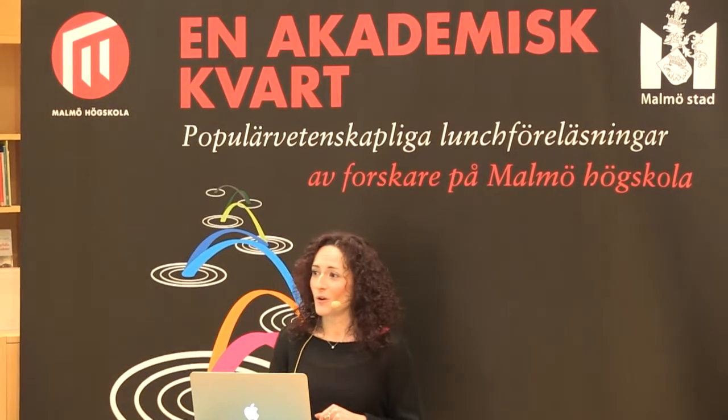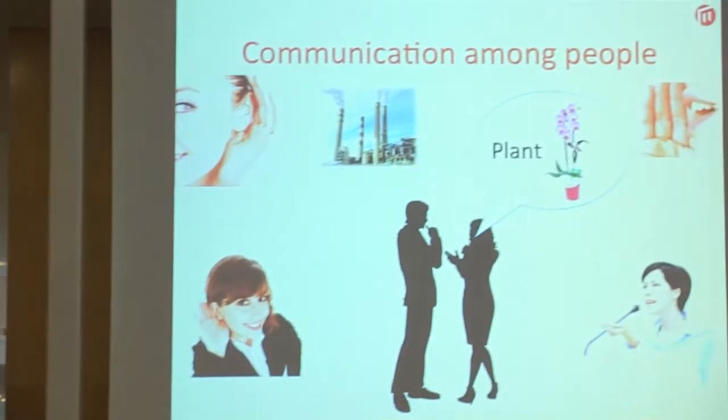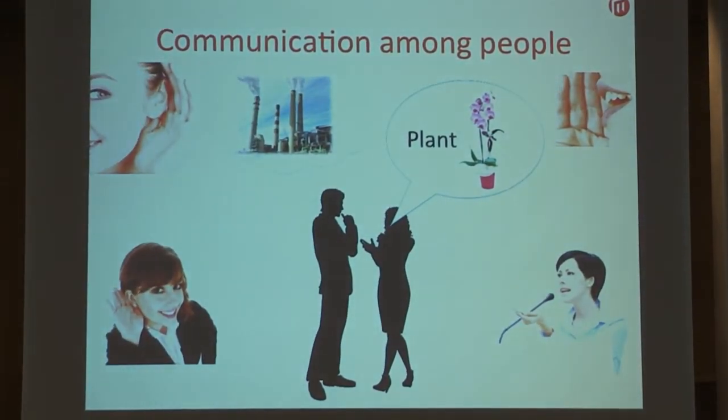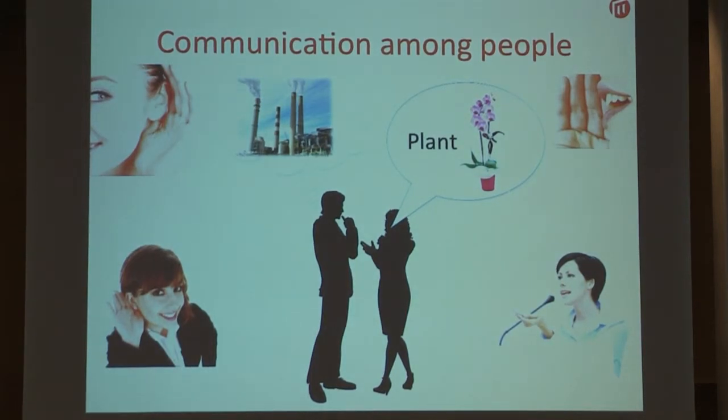And even more tricky, I would say, we also need to share the interpretation of the things that we are saying. For instance, you can imagine that I say plant in English, and I have in mind a flower, while someone else might have in mind an industrial building.